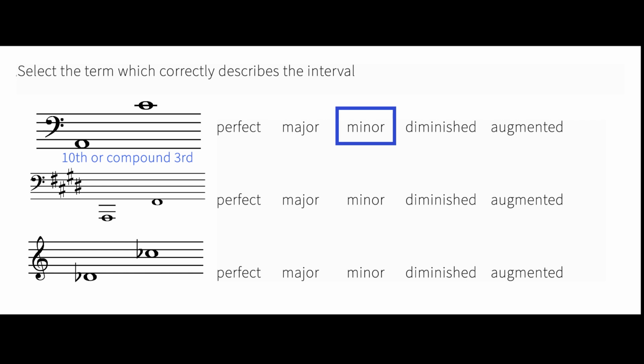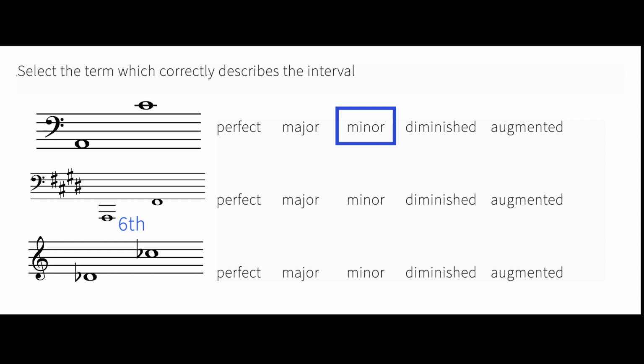In the next example, we've got a key signature, and we can see that our lower note is also an A in this case. And the distance between these two notes is actually a 6. So we've got either a major and minor again situation, or augmented and diminished. So is there an F sharp in the key of A?